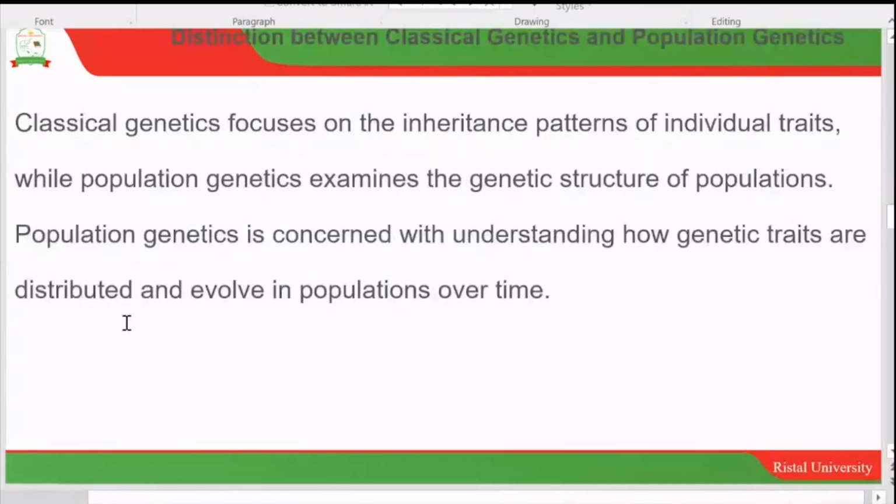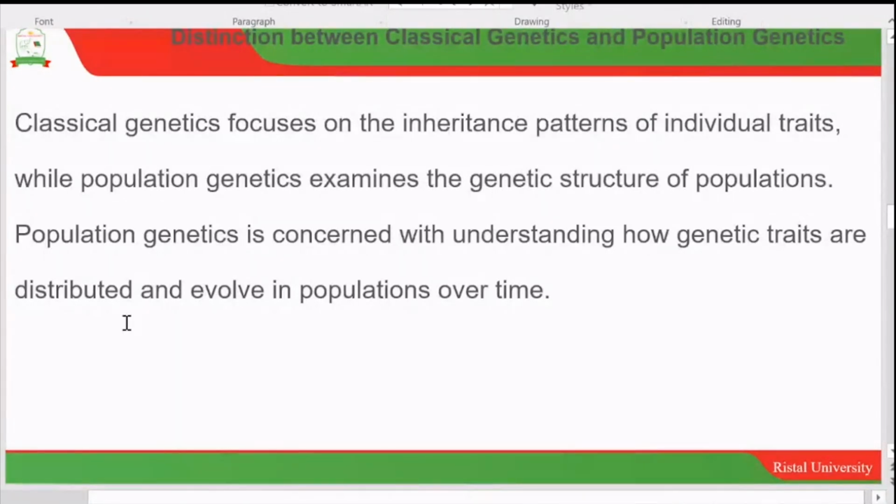So we want to look at the distinction between what we call classical genetics and what we refer to as population genetics. Classical genetics focuses on the inheritance patterns of individual traits, while population genetics examines the genetic structure of populations.